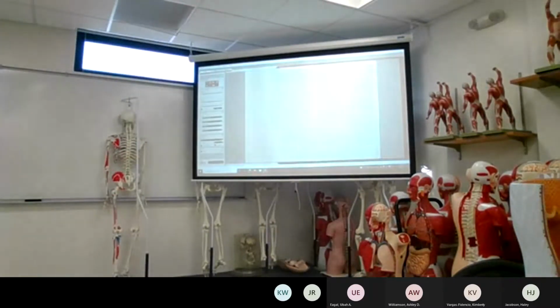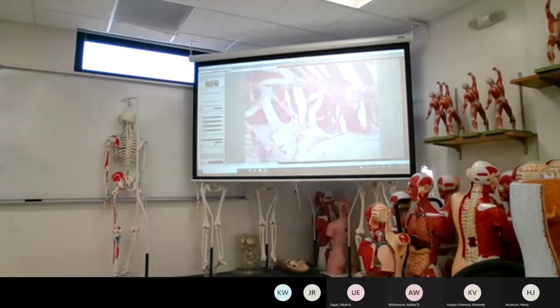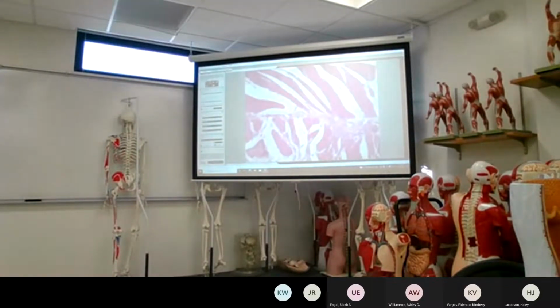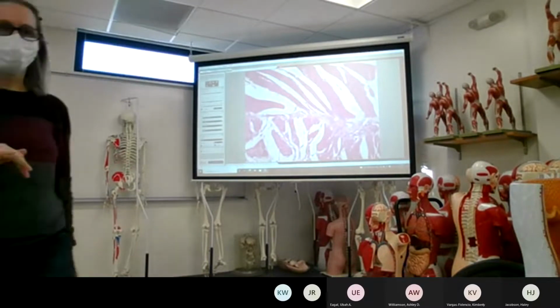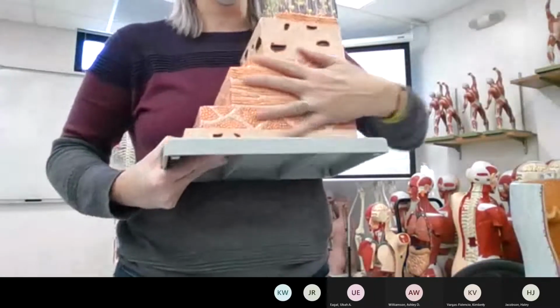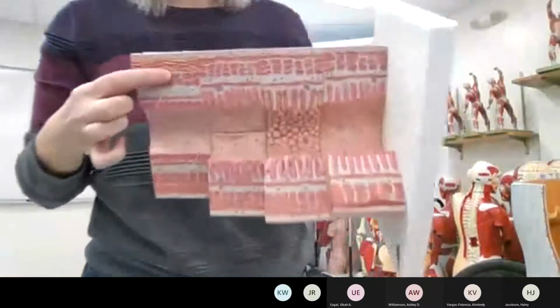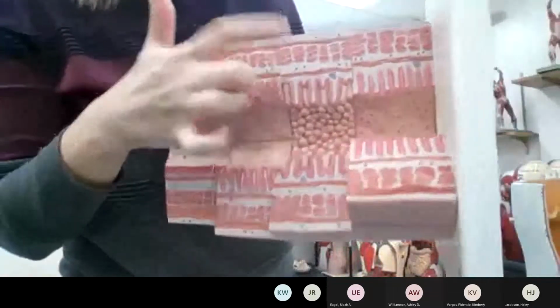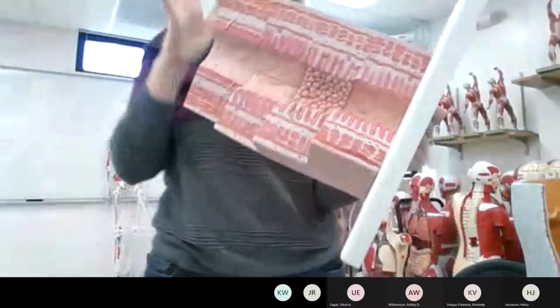Next is your smooth muscle. You probably want to use the smooth muscle from the intestine slide rather than individualized teased smooth muscles. Remember, we have smooth muscle in the esophagus, the stomach, and the small and large intestines.